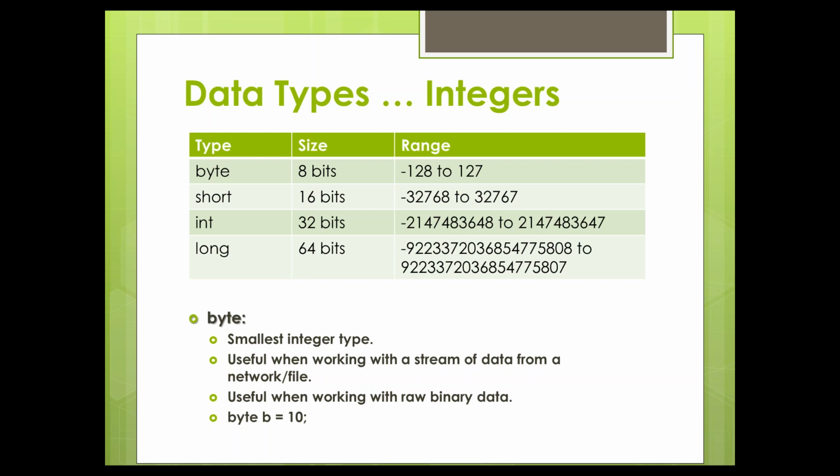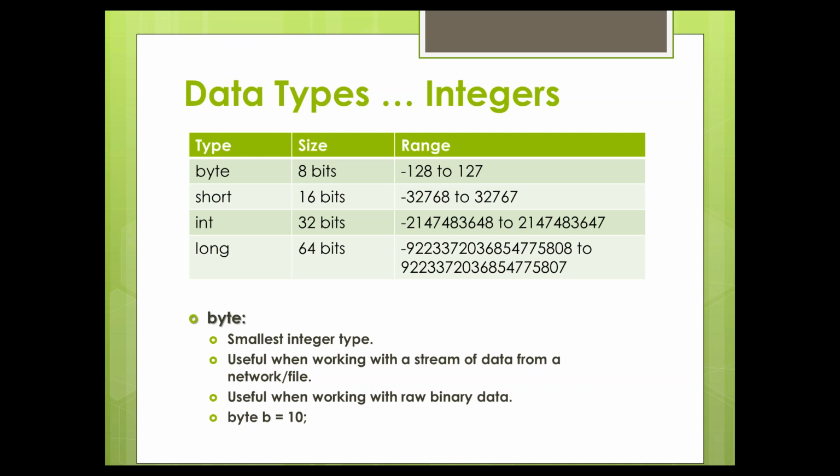When you declare a byte variable, it actually occupies 8 bits of memory in your physical memory. That is what the size means. It actually requires 8 bits, or 1 byte, of memory to store a value of type byte.